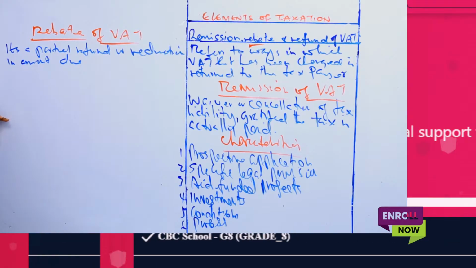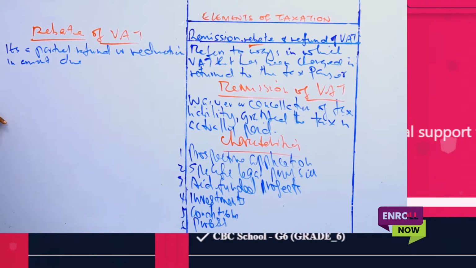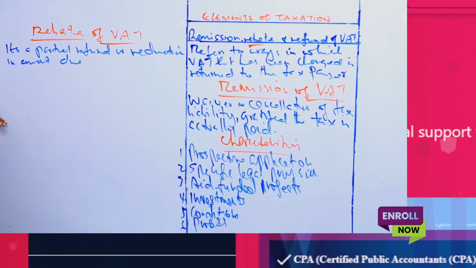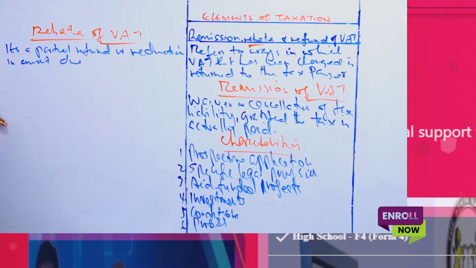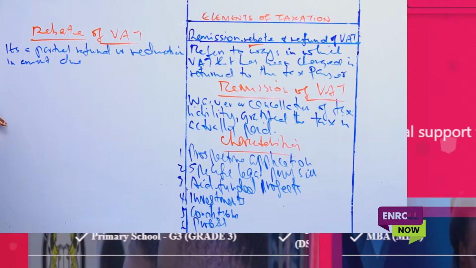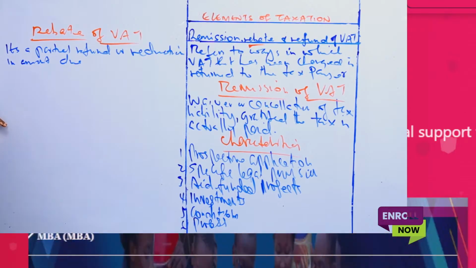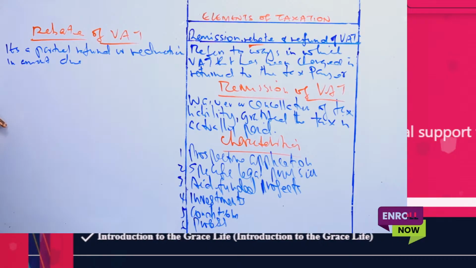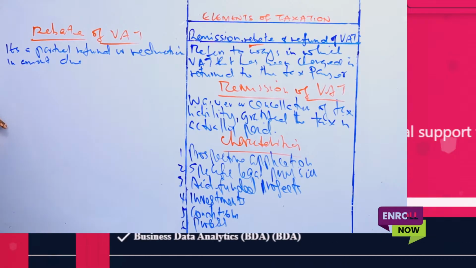Essentially, if a rebate were to occur, it would likely fall under the broader categories of specific exemptions, or zero rating, or a refund mechanism outlined in the law.